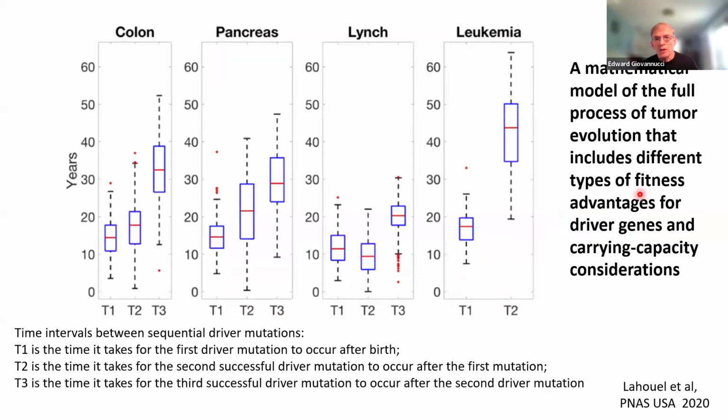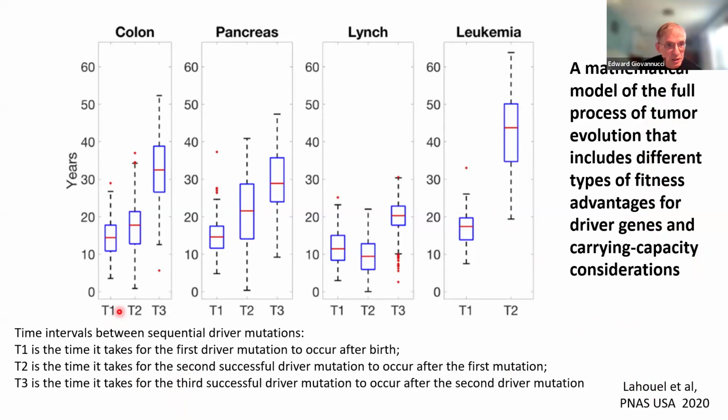Now, this slide, sorry if it's a little confusing, but I thought this was interesting. This is more of a modeling study, and it's actually a pretty complicated model, but it is based on mutations, and they estimated how many mutations in different tissues, and how long they take to progress to cancer.